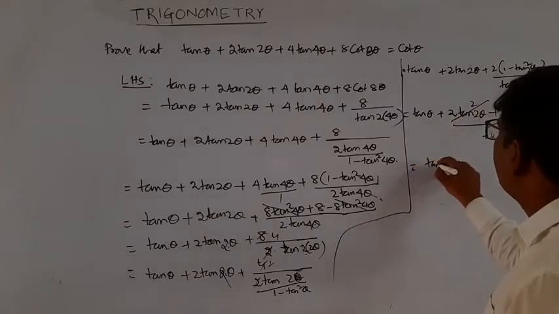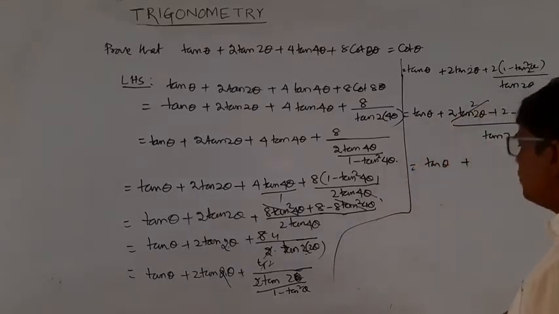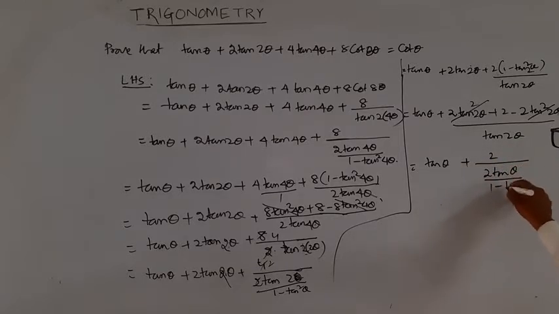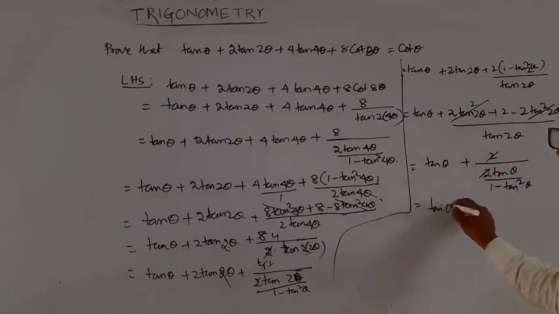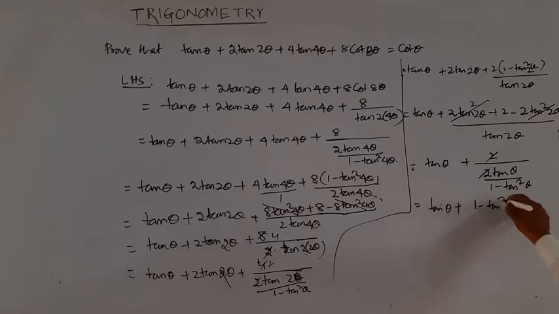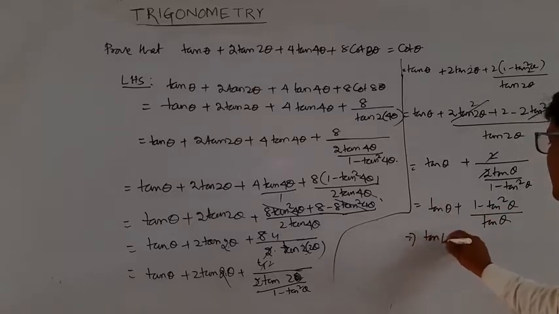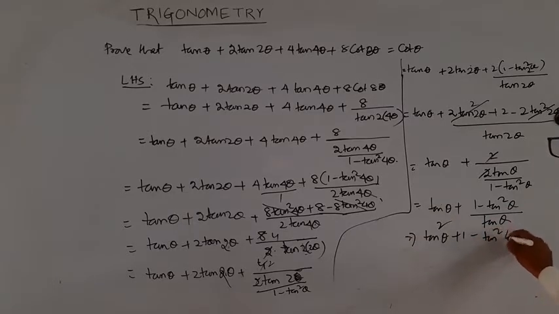So tan theta plus 2 by, that is 2 tan theta divided by 1 minus tan square theta. 2 cancels, that is tan theta plus 1 minus tan square theta divided by tan theta. Now this is equal to tan theta plus 1 minus tan square theta divided by tan theta.